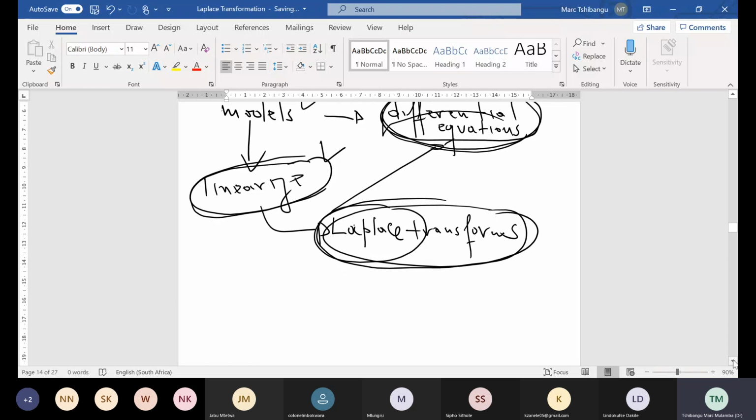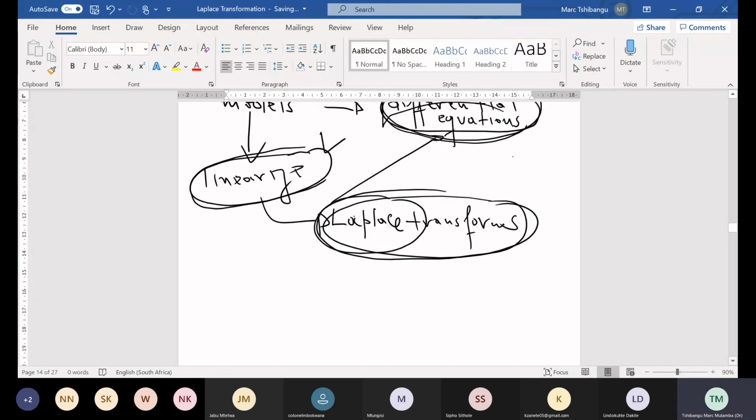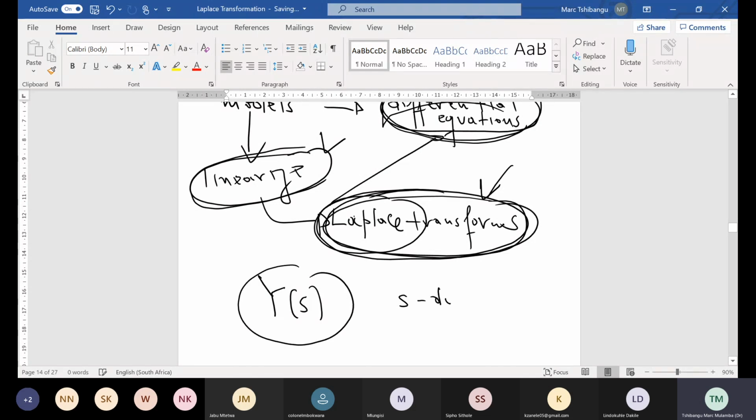So we talked about Laplace transforms, and given a differential equation, we're able to Laplace transform it and get the result in the S domain, which is the Laplace domain. But our aim is to have our solution in the T domain, time-wise.